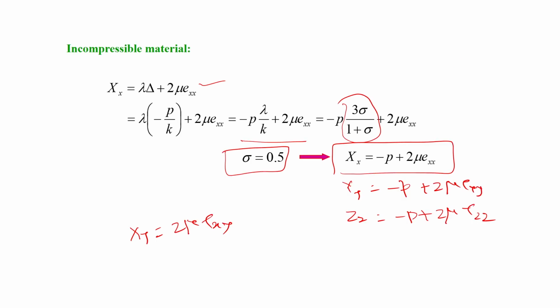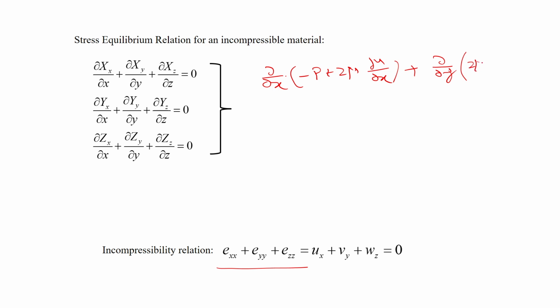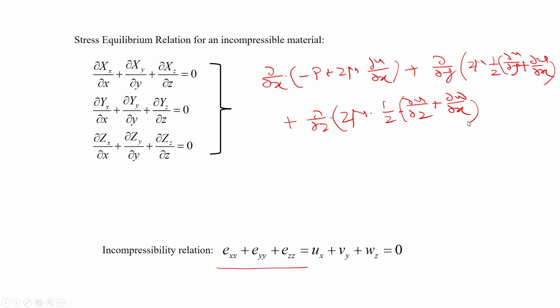I derived sigma xy as 2 mu E xy, so instead of E xy I will write half of del u by del y plus del v by del x, plus del sigma xz by del z. Here I will write 2 mu into half of del u by del z plus del w by del x, since E xz is half of that, and the whole thing is equal to 0.